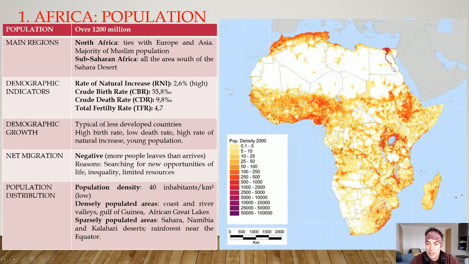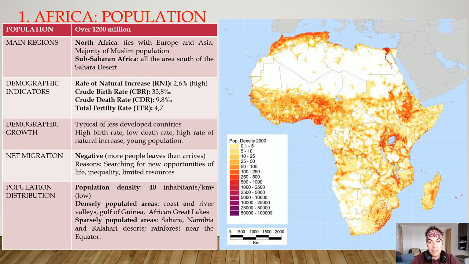This is why Egypt has this area very densely populated, because it's the only area in the country where you can live from agriculture. And what are the sparsely populated areas, the less populated areas?